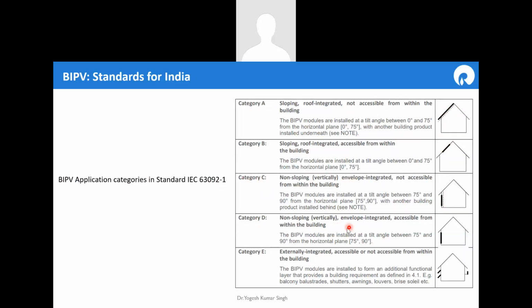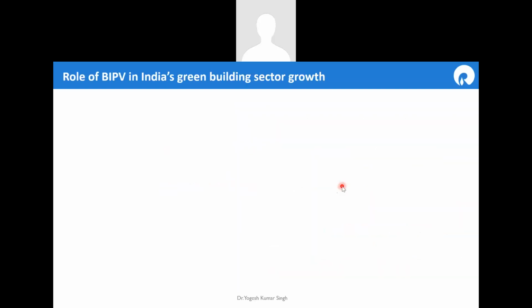Then category D is also for the system, and category E you can use for different types of windows. So these are the different standards utilized for the BIPV system in the sector.